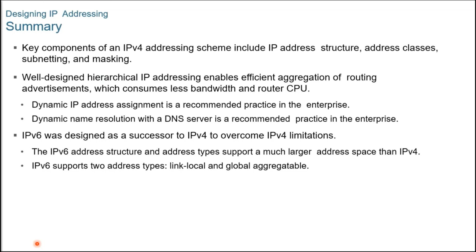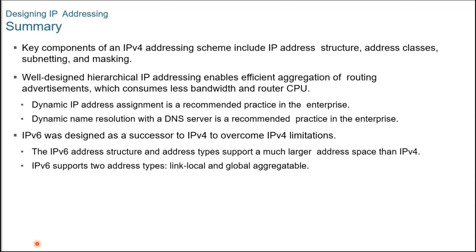Okay, so let's summarize what we've talked about on designing IP addressing. Key components of an IPv4 addressing scheme include IP address structure, address classes, subnetting, and masking. Well-designed hierarchical IP addressing enables efficient aggregation of routing advertisements, which consumes less bandwidth and router CPU.